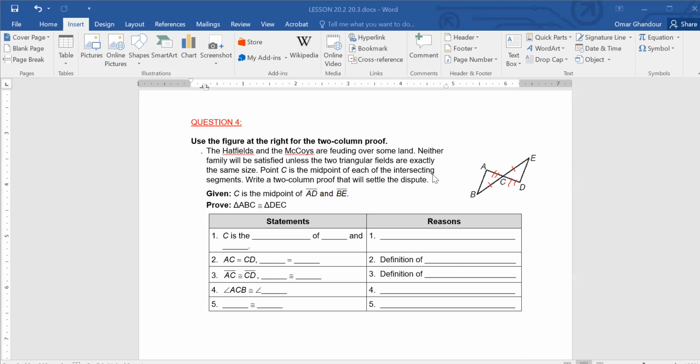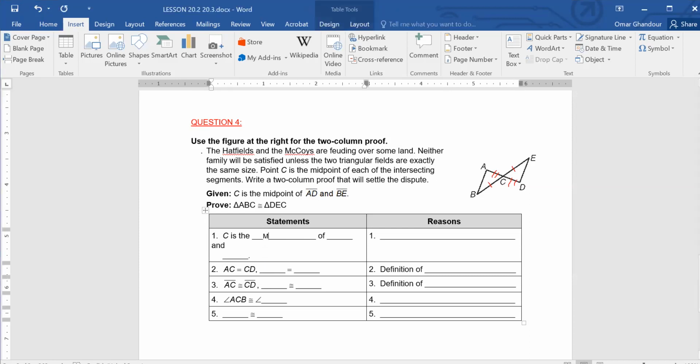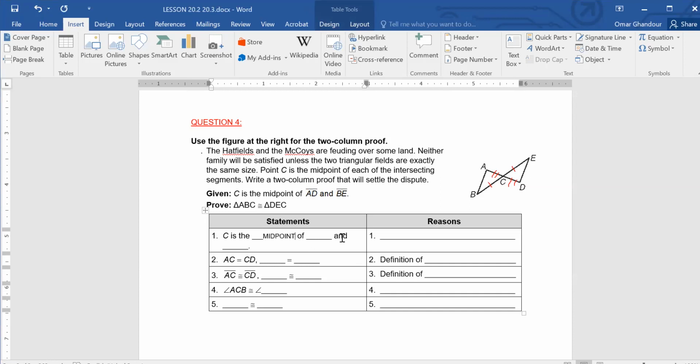Let's write the proof together. Okay, C is the what of what? C is the midpoint of AD and BE. Why? Because this is given.